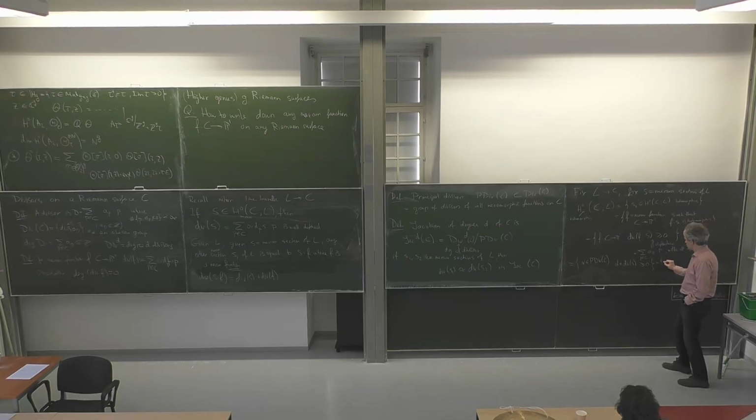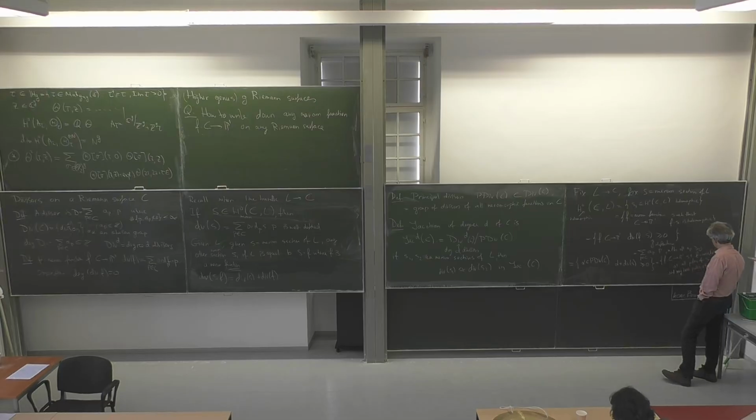This is a set of f such that f vanishes at all poles of S and may have poles, excuse me, at zeros of S, which you should perceive as a statement with multiplicity.